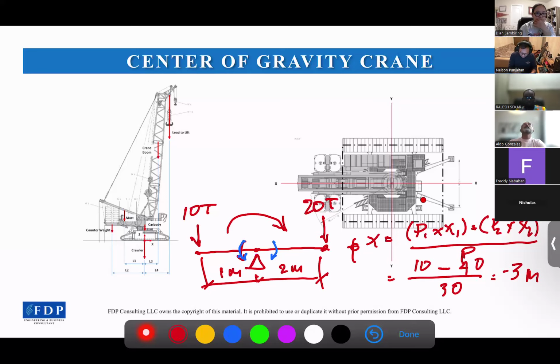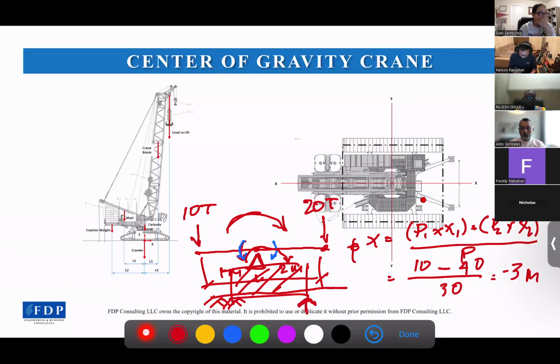Now, if we change this to a track, for example, then this moment will act on the track, and let's say this track will be sitting on the ground, right? And then the ground will give a pressure to counter the moment.